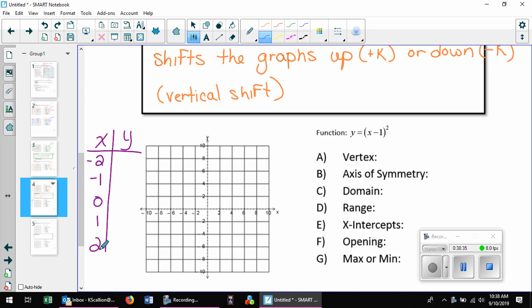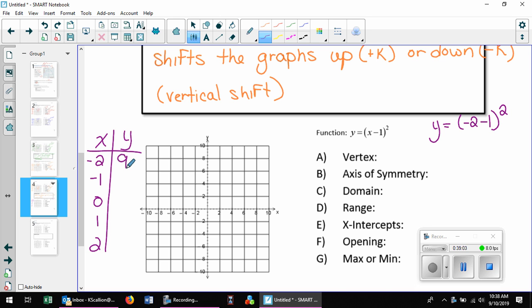All right, so if I substitute this one in, order of operations tells me to do what first? Do the inside of the brackets first. So -2 subtract 1 is -3. -3 squared is 9.